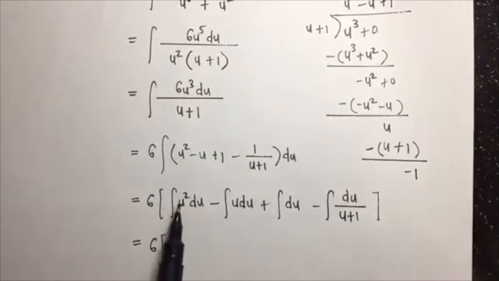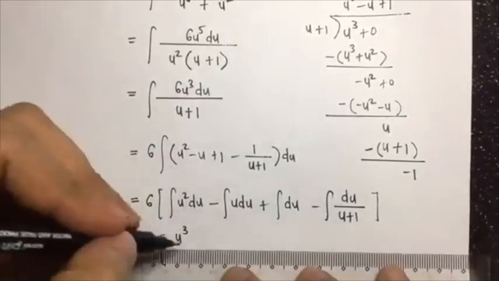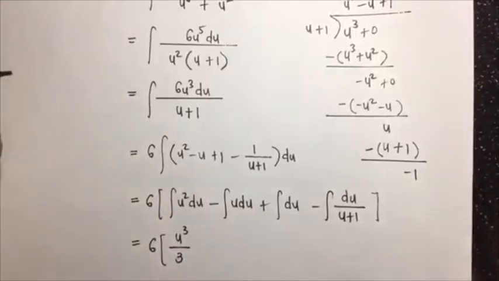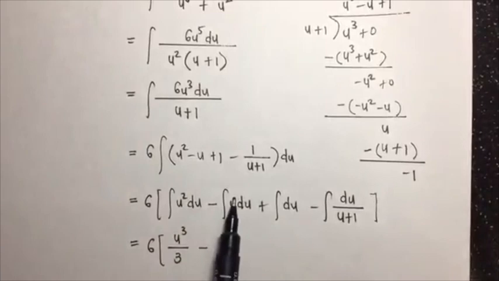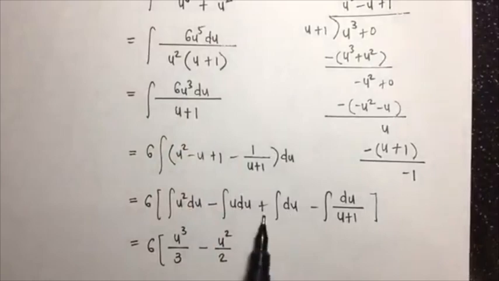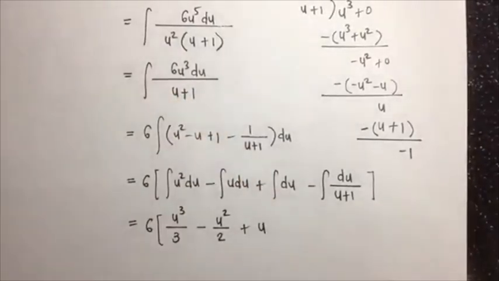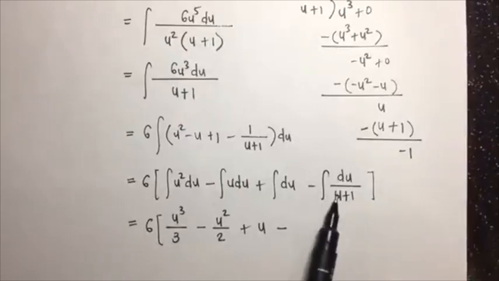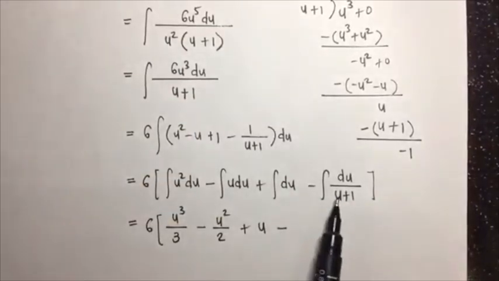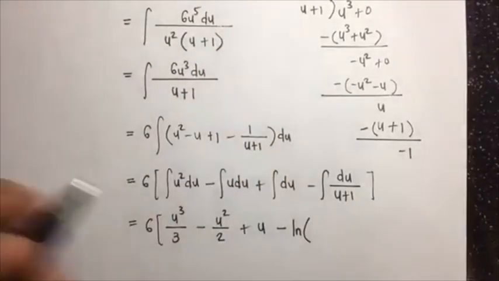Using the power formula, that will become u raised to 2 plus 1 over 2 plus 1, so u cubed over 3, minus, our exponent is 1, so u raised to 1 plus 1 over 1 plus 1, that will become u squared over 2, plus integral of du is u, minus integral of this is natural logarithm, where our numerator is the complete differential of the denominator, so no need to add any constants whatsoever, so minus ln of u plus 1.